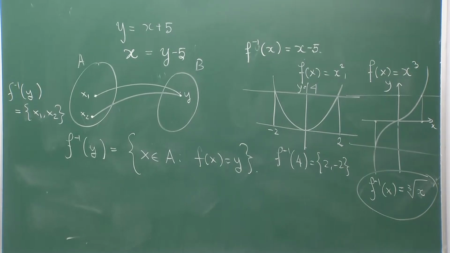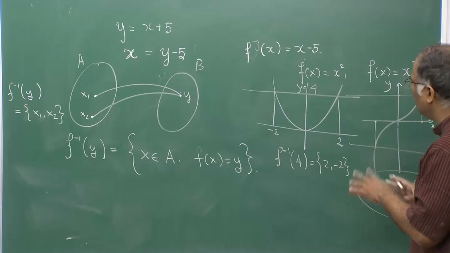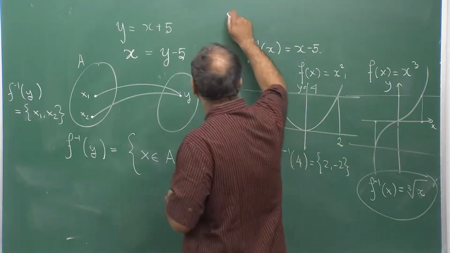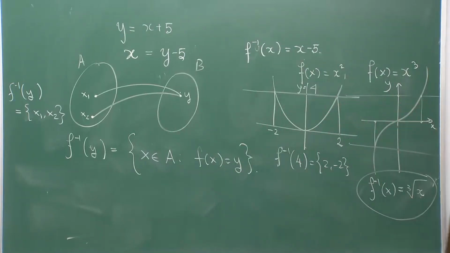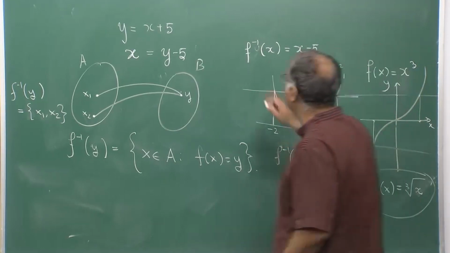So, here we state this result and we end our talk today. You will find more information in the notes. If a continuous function is one to one, that is, there is a one-to-one correspondence between the x's and y's, then it is either a decreasing function or an increasing function.